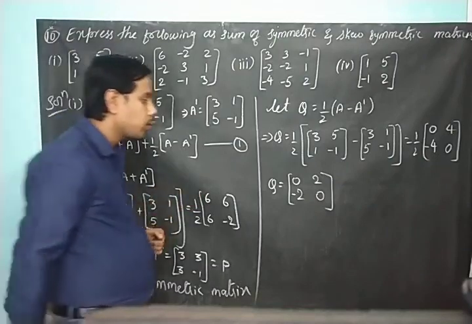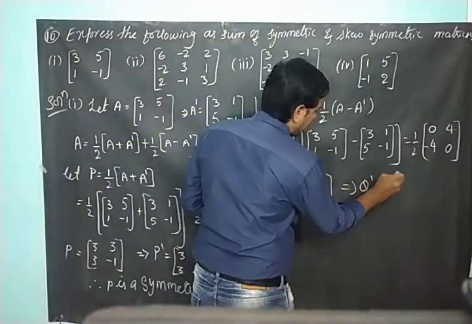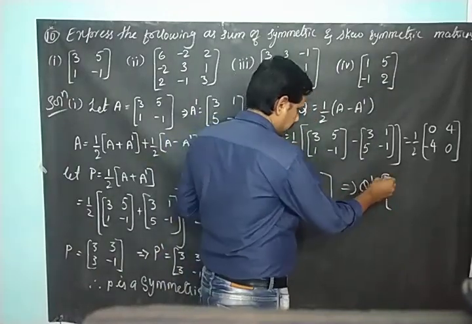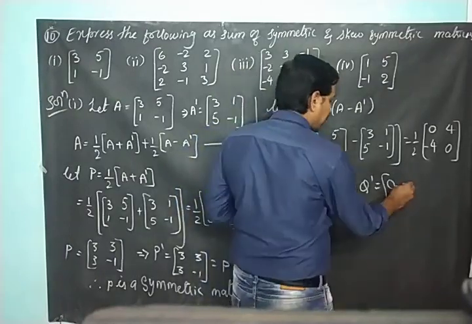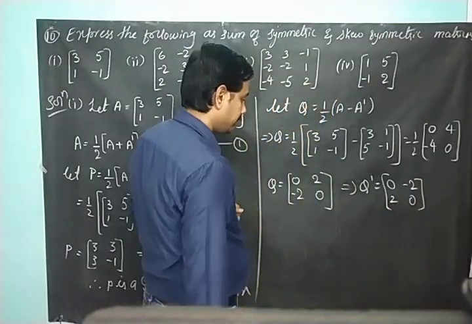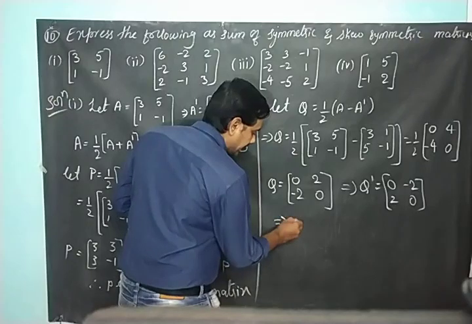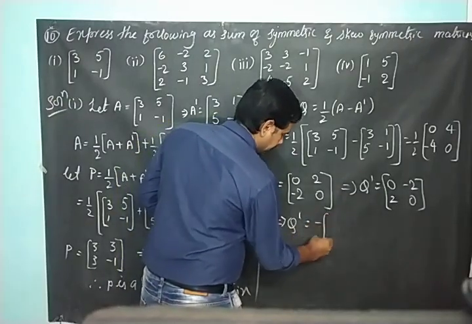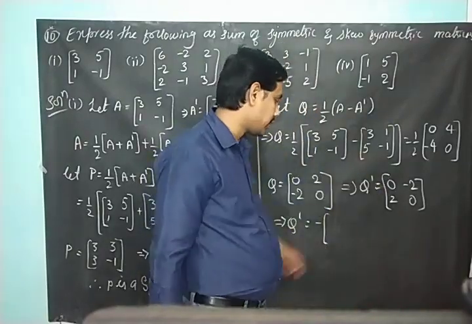Right? Now Q. What is Q transpose? First row is first column and second row is second column. Right? So if I take the negative sign outside, positive becomes negative and negative becomes positive. 0 is what?